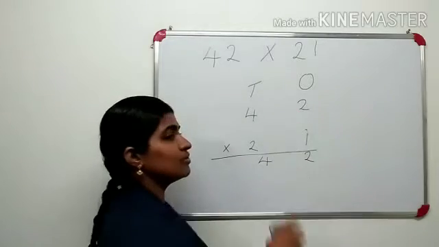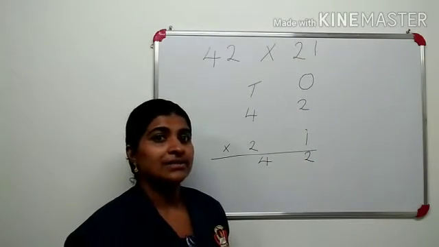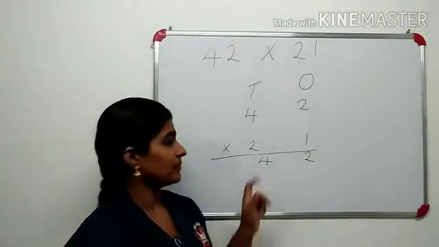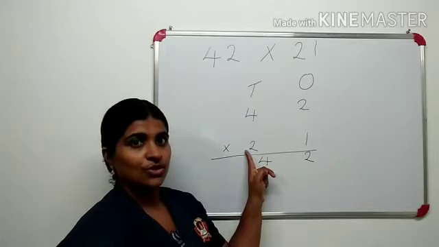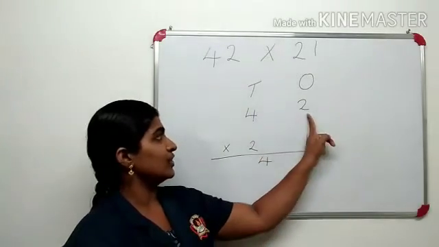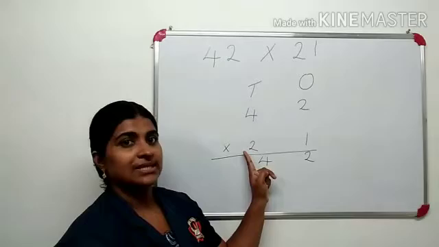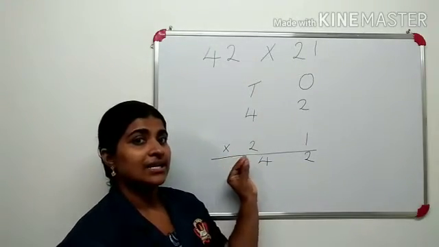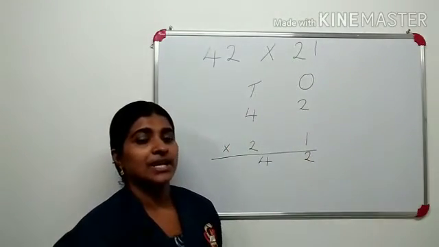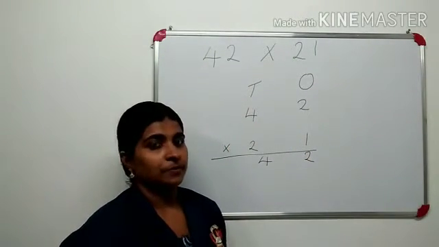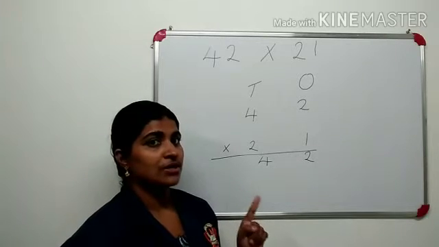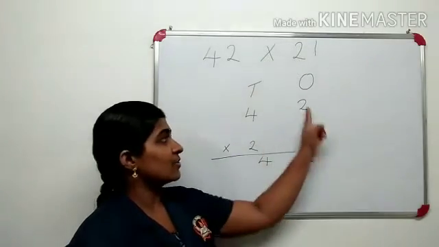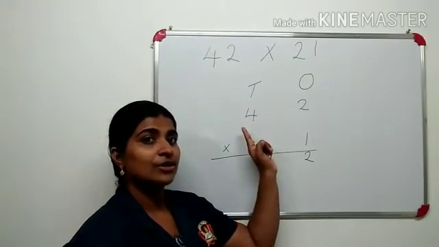So we can rub these lines. Then we are going to multiply with the tens digit of our multiplier. Which is the tens digit of our multiplier? Yes, it is 2. So we are going to multiply 42 by the tens digit of the multiplier, that is 2. Before that you must notice that we are going to write the answer of this multiplication in another row.